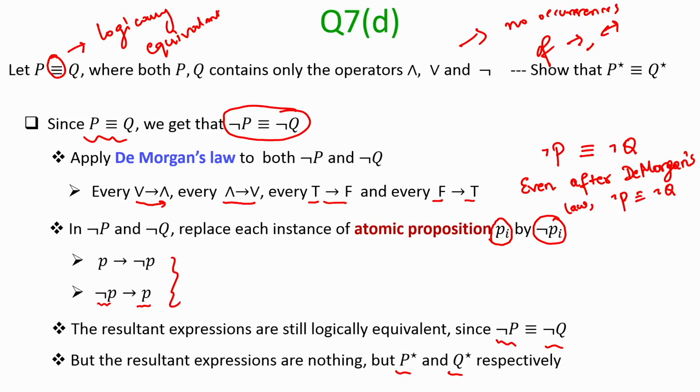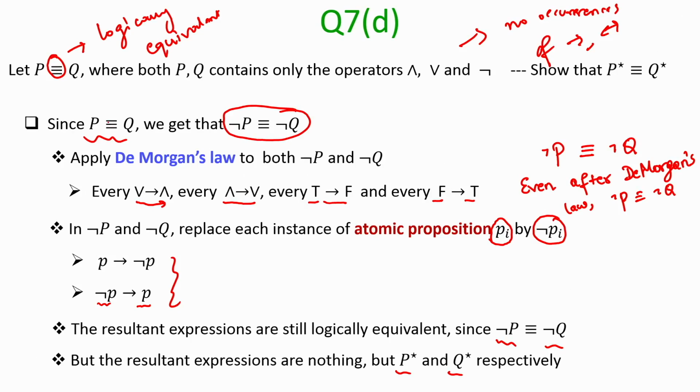And this is a very powerful result, because what it says is that if you have some well known identity established with respect to P and Q, then the same law is applicable even for P star and Q star.